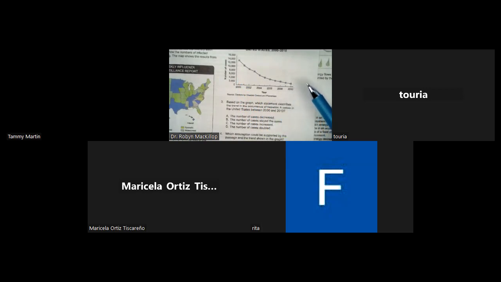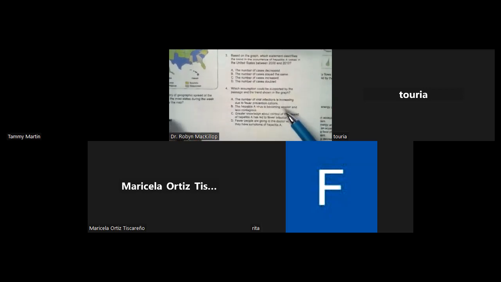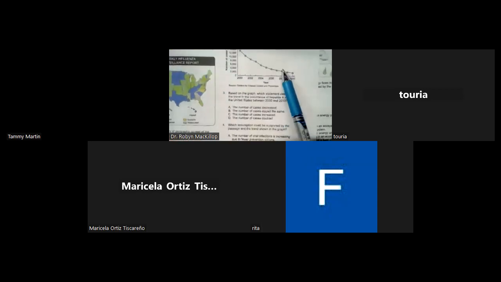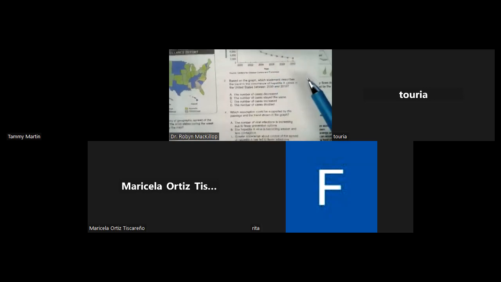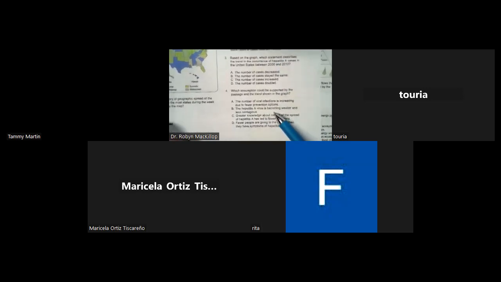That's a good thing. Which assumption could be supported by the passage and the trend shown in the graph? We didn't read, we may not need to. The number of viral infections is increasing due to fewer prevention options. We know it's going down, so we know that's not true, right? Hepatitis A virus is becoming weaker and less contagious. That's a possibility.